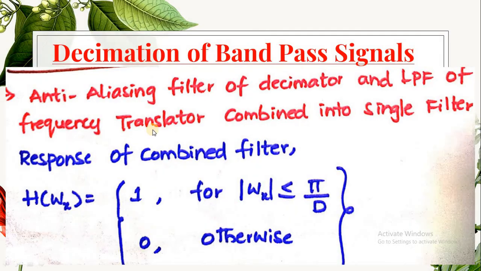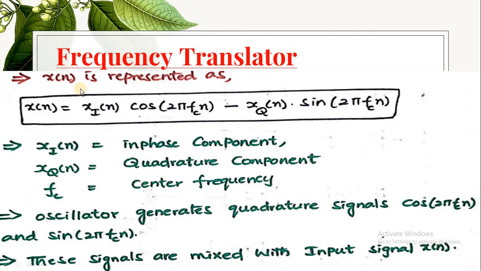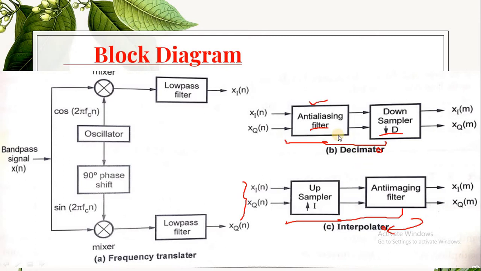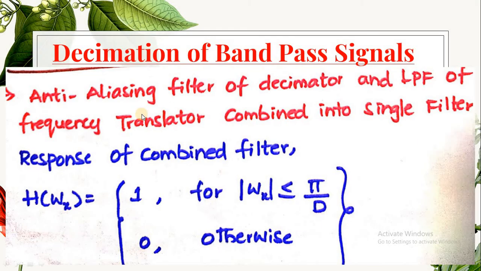Then we move on to the decimation of band pass signals. We had already discussed decimation. An anti-aliasing filter is used in decimation in order to reduce the effect of aliasing. The anti-aliasing filter of the decimator and the low pass filter of the frequency translator are combined into a single filter.